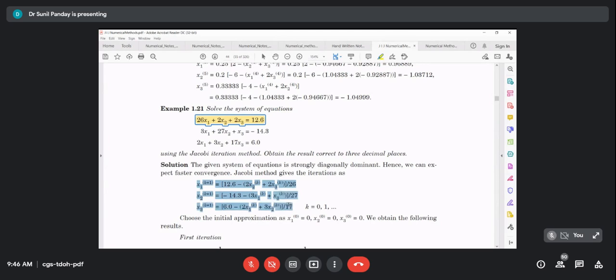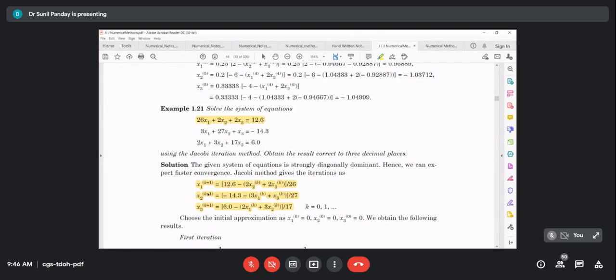Is this PDF visible? Hello? Yes, sir. Okay. You can see on the left-hand side we are writing x1 with k plus 1. In the handwritten notes we had three variables x, y, z.